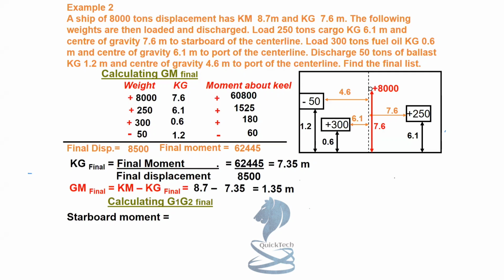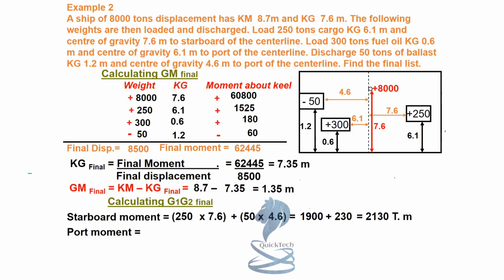So calculating starboard moment is equal to weight added on starboard side, 250 tons into 7.6 from center line, plus 50 ballast removed from port side into 4.6, is equal to 1900 plus 230, is equal to 2130 ton meters.